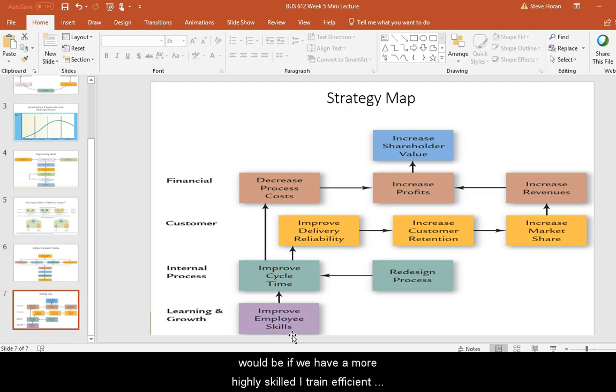If we have a more highly skilled, highly trained, efficient, and motivated employee base, well, guess what? That should lead to them discovering how to improve efficiency, right? How to improve the time it takes to make a product or deliver a service.